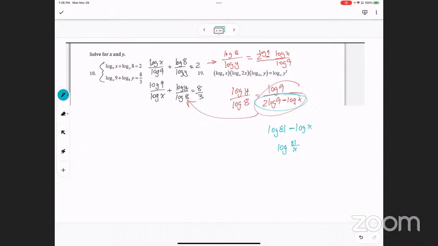Oh. So let's try it. Let's plug it into there. So what we have when I plug it in is I have log 9 over log x plus, I'm substituting this whole thing in, which is log 9 over log 81 over x, which equals 8/3.